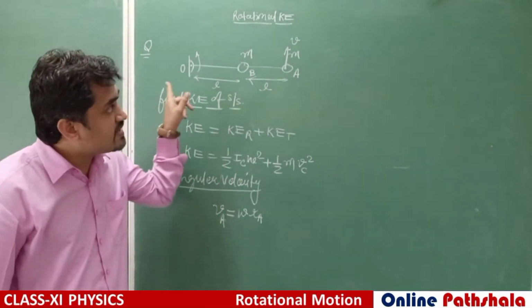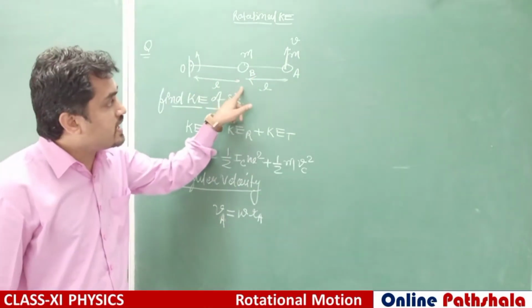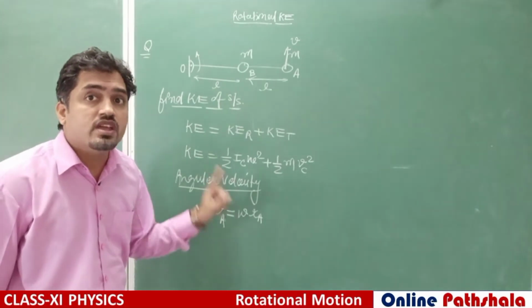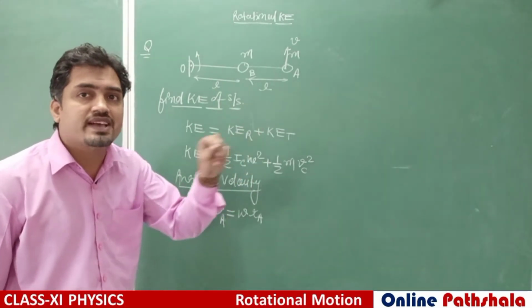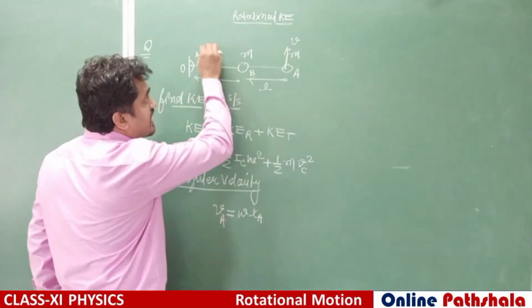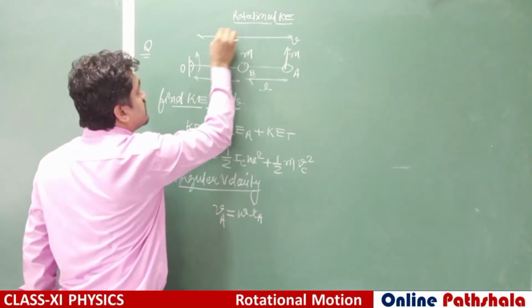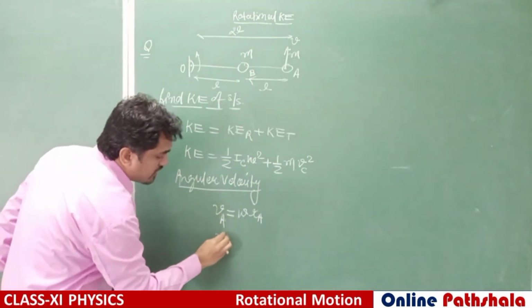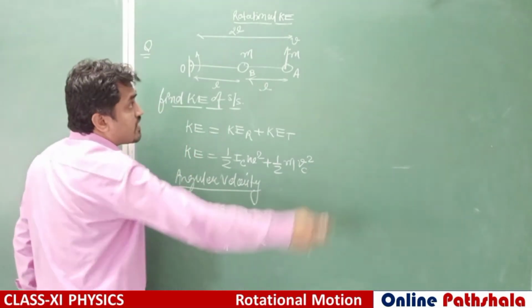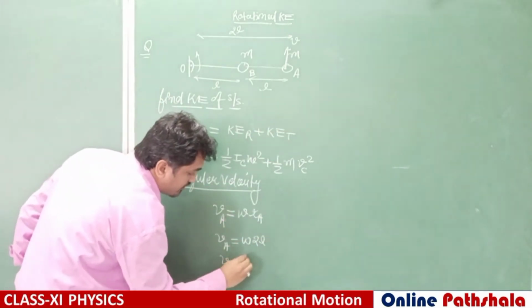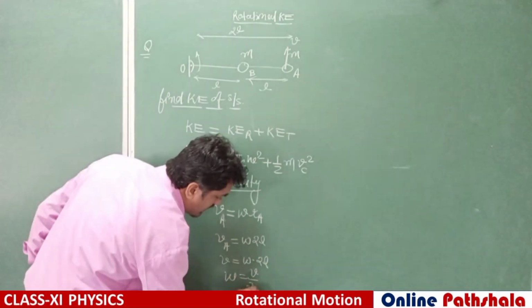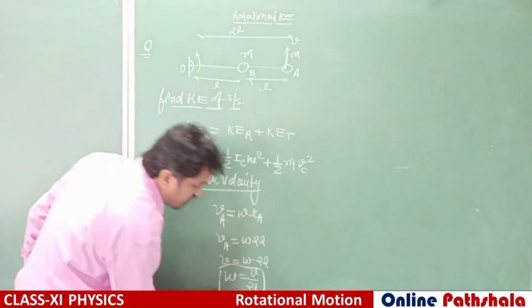Angular velocity will be the same for each particle, for A and for B, but the linear velocity will be different. It will depend on the distance from the axis of rotation. So VA is equal to omega RA. In this case RA is equal to 2L, so VA is equal to omega into 2L. Since the velocity of A is V, given in our question, omega is V by 2L.